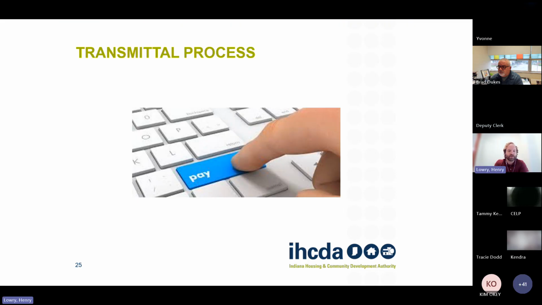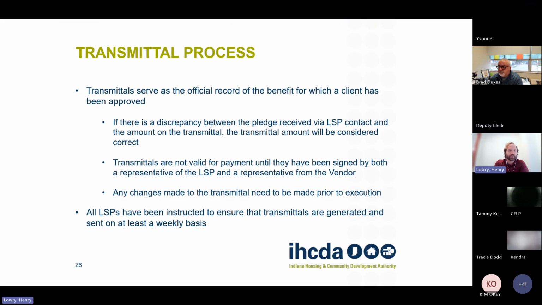Okay, let's talk about our transmittal process. Our transmittals are the official record of benefit for whenever a client has been approved. Anytime there's discrepancies between pledges received from your agency contact and the amount on the transmittal, the transmittal amount is considered the correct amount.